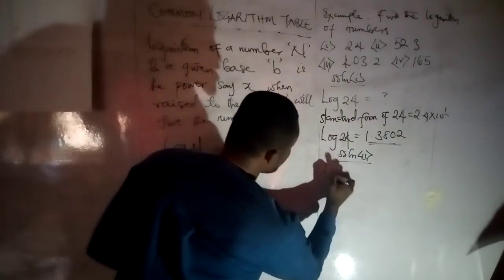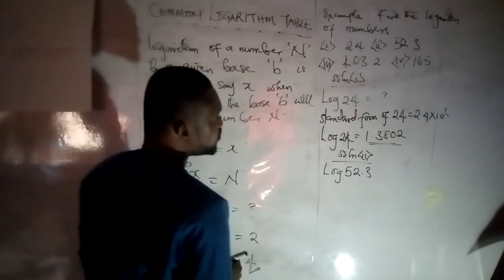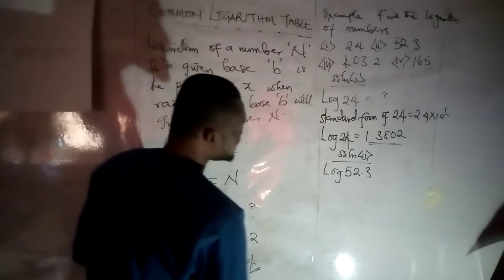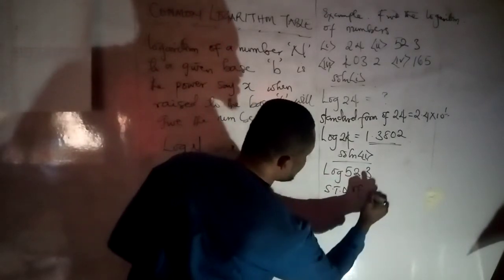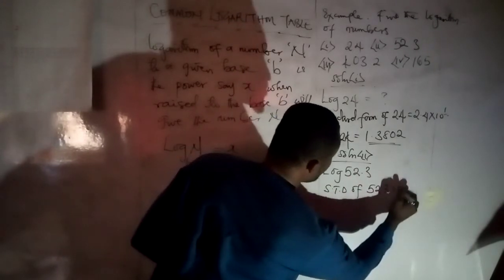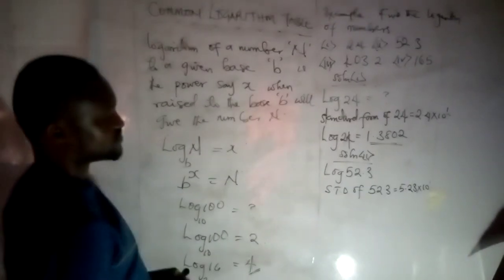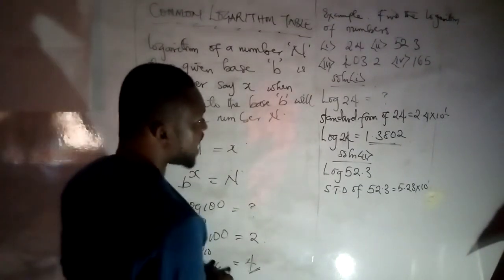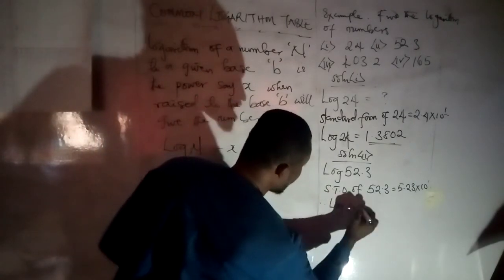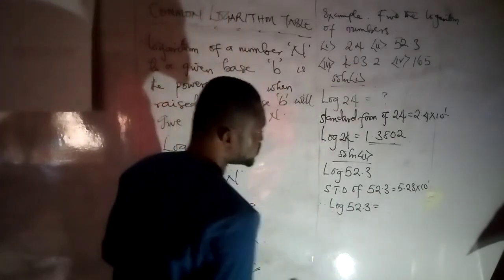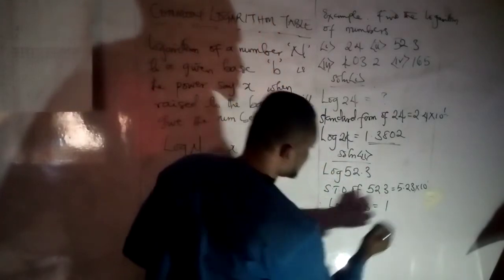Then solution II: we are asked to find the logarithm of 52.3. Now, we need to have this in standard form. The standard form of 52.3 is 5.23 times 10 raised to power 1. Now, that 1 becomes the characteristic. Therefore, the logarithm of 52.3 is equal to, first the characteristic, 1 point.